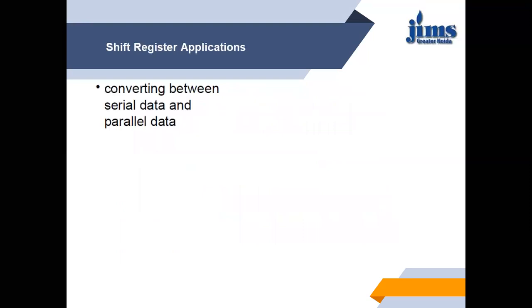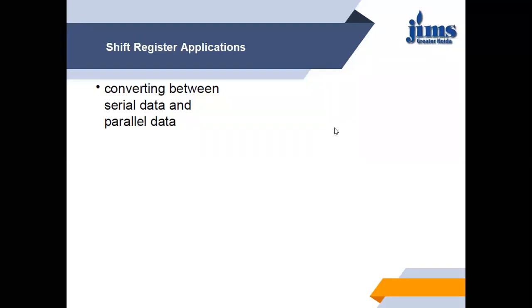Now, as far as the applications are concerned, it is used for converting between serial data and parallel data. Whenever you are fetching your data from a serial port, USB, universal serial bus, data is stored in a parallel manner in your computer. When we are connecting an external device with the computer with the help of a USB, then we say that it is parallel to serial, meaning in USB the data is serially out.